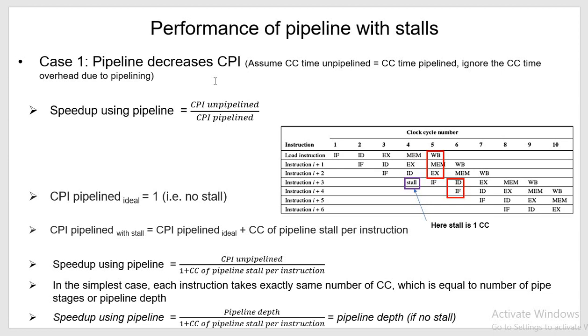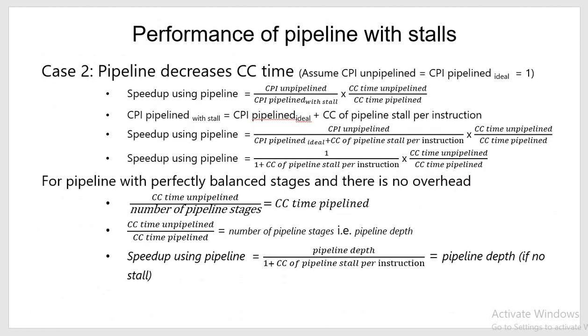Now we will consider the second case, in which the pipeline decreases the CC time. For this assumption, we assume that the CPI of unpipelined will be equal to the CPI of pipelined, and that will be equal to unity. Here we have to consider the CPI pipeline ideal, which is equal to unity.